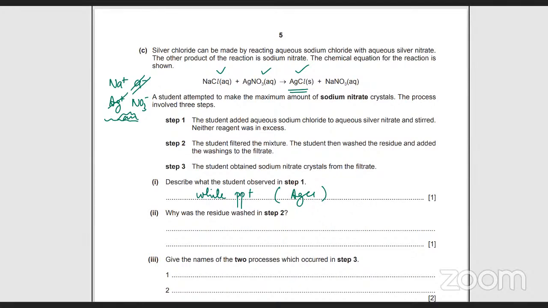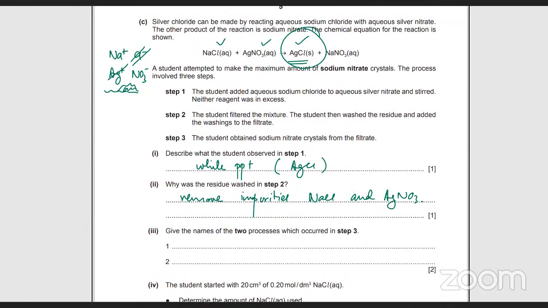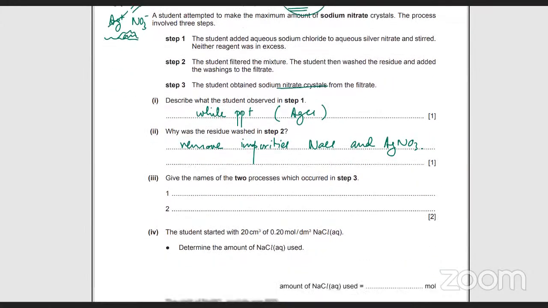Why was the residue washed in step 2? To remove impurities. He filtered out this solid residue. NaCl and silver nitrate. In step 3, how do you obtain crystals from a filtrate?